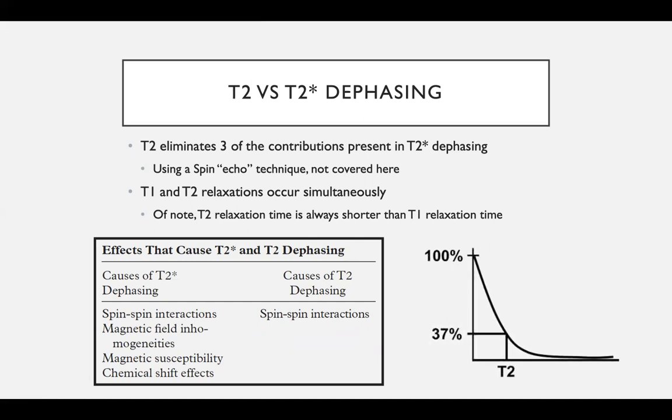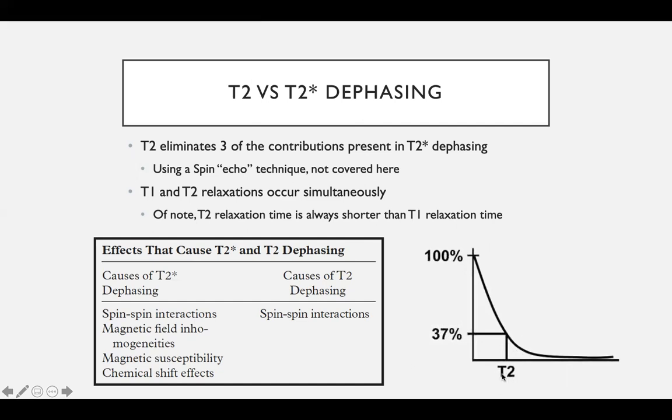So essentially, they are markers of the same relaxation, but just with different sensitivities. So T2 relaxation is a little different than T1 relaxation time, because our T2 time is the time it takes to go from 100% transverse component down to 37% transverse component.